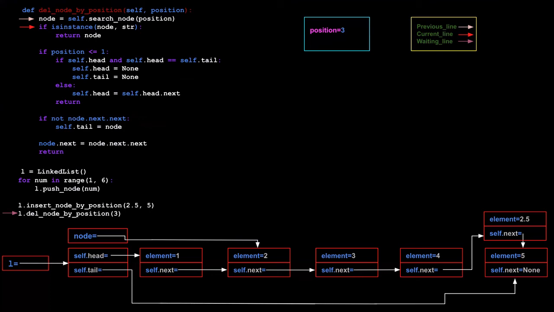We saw the same thing. If the value inside the pointer node is a type of string, let's go ahead and end the function from there. But in this case, it's not. If the position is less than or equal to 1, in this case, the position is actually 3, which is larger than 1. So we don't go inside. We go to the next line. If not node.next.next.